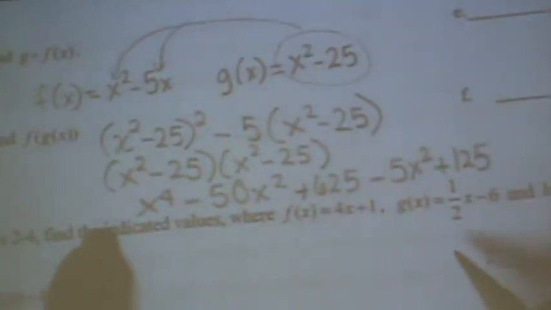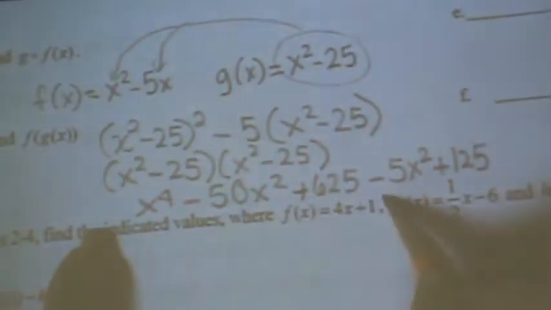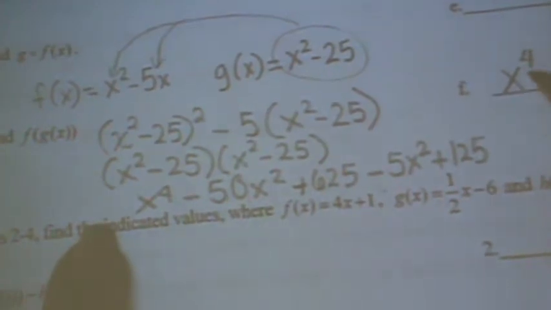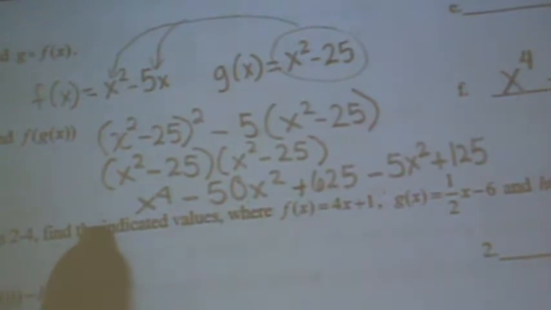Now what simplifies? I believe these two. So your answer would be x to the 4th, sorry, minus 55x squared plus 750.